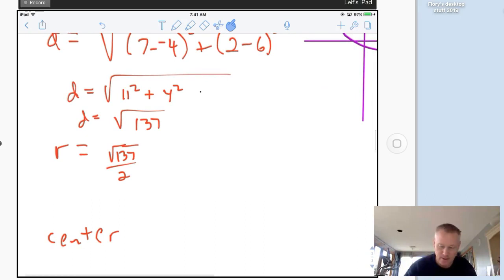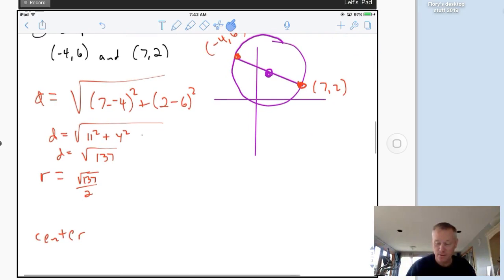The next thing I need is I need to know what the center of the circle is, and the center of the circle will be the midpoint of the endpoints of the diameter.